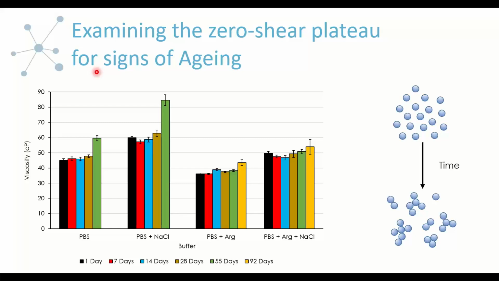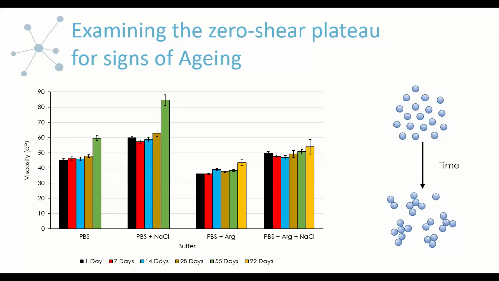And then here with our arginine formulation, this change over the course of 92 days was only 20.4%. And then in this case here, the everything case, the change from day 1 to day 92 was only 8%. But if you look at the error bars here, it basically is no change. It's just an 8% change of the average.